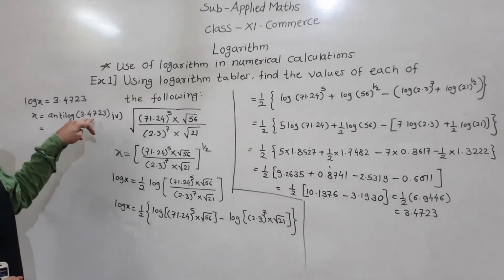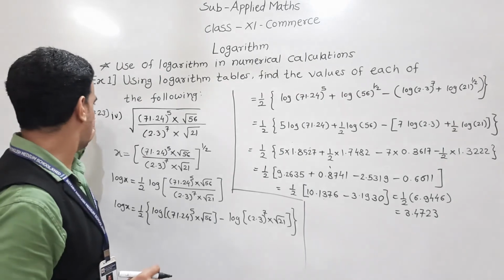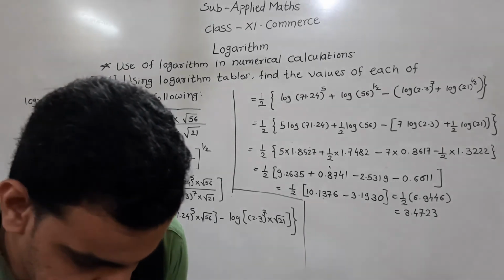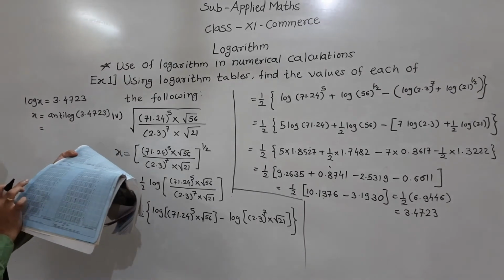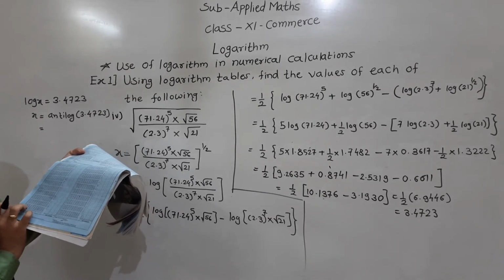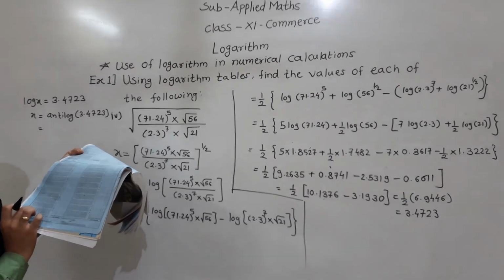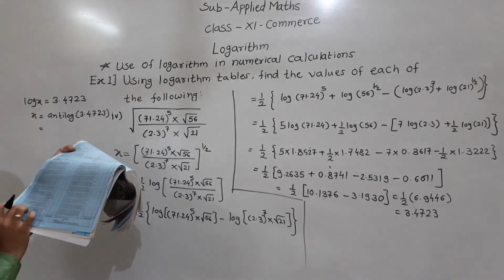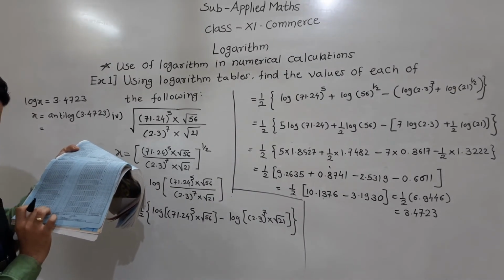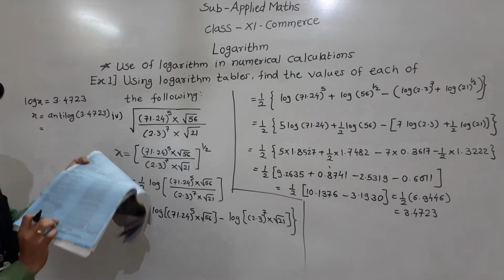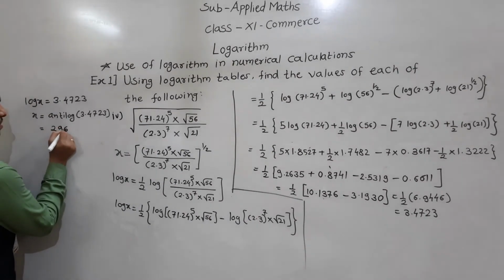So in anti-log table, in 47th row, and in column headed by 2, and mean differences column headed by 3. So 47th row is here, then that number is 2965, and it is 2965 plus 2, 2967.